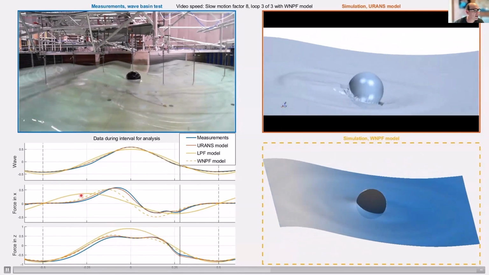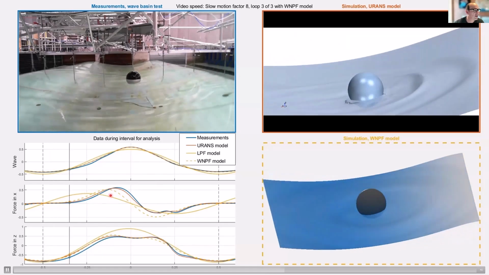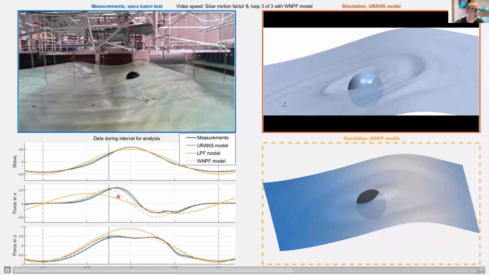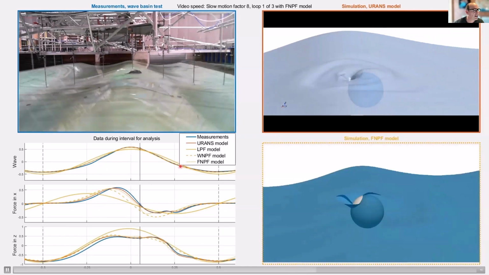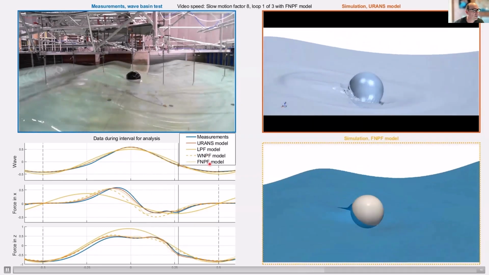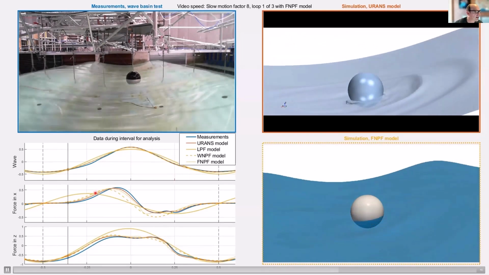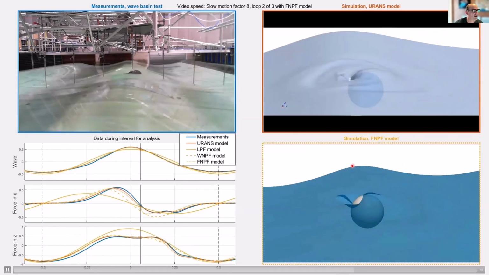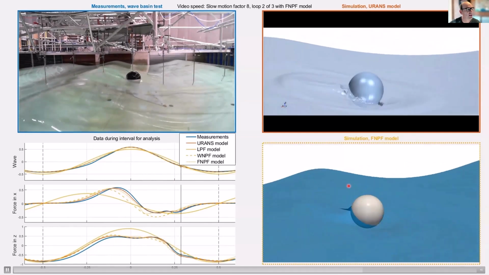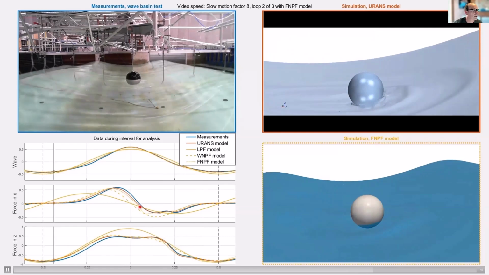And we can see that the linear potential flow model is somewhat off, whereas the more advanced models predict the forces with higher accuracy. The weakly nonlinear potential flow model that was running before includes nonlinear Froude-Krylov forces, and that gets a closer match to the reality. The one that is running now, the fully nonlinear potential flow model, is getting very close to the exact results.